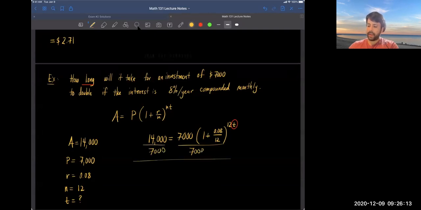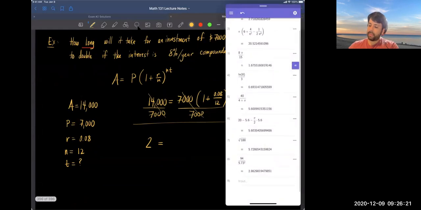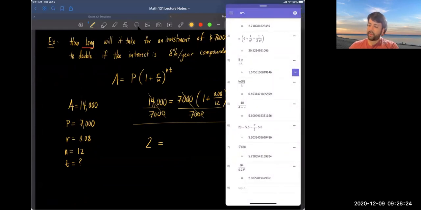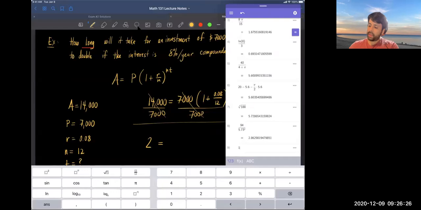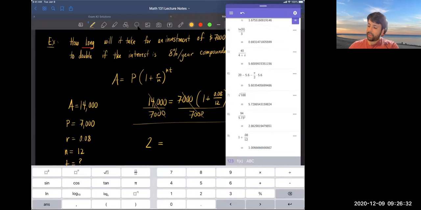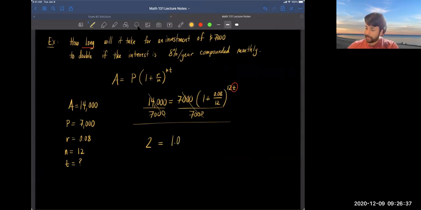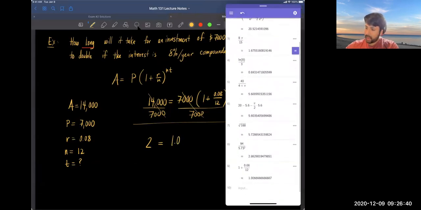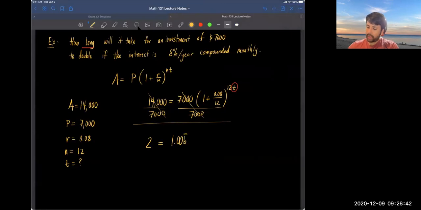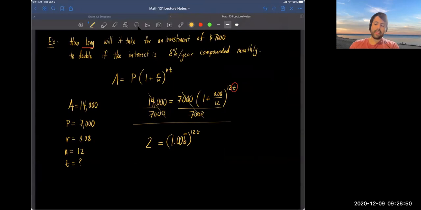That minimizes our computation, because I get a 2 on the left side and 1 plus 0.08 divided by 12 on the right, which is 1.006 repeated. We wouldn't just round it up. You have to keep it as repeated. I'm going to keep it as exact as possible.